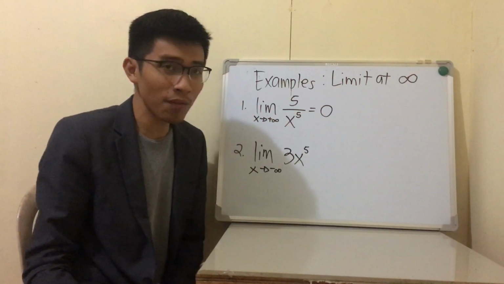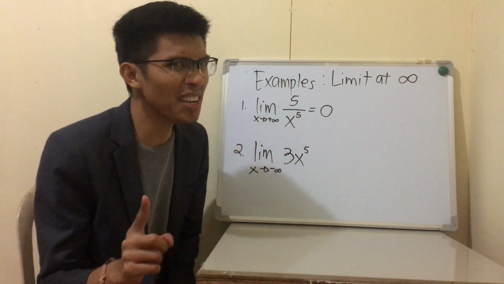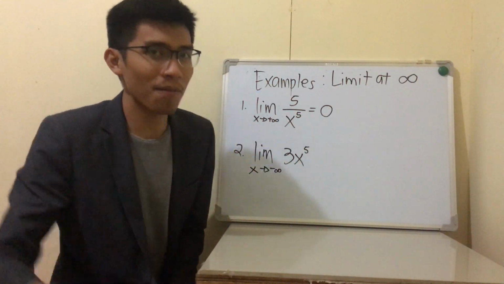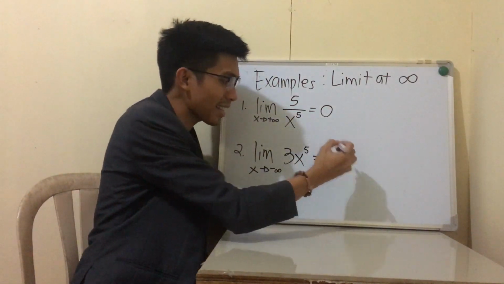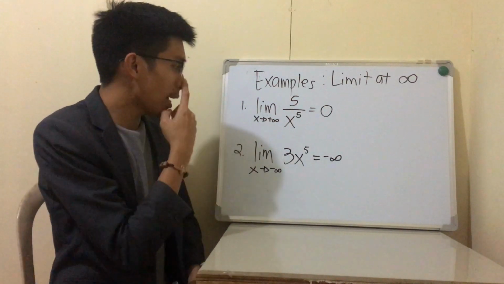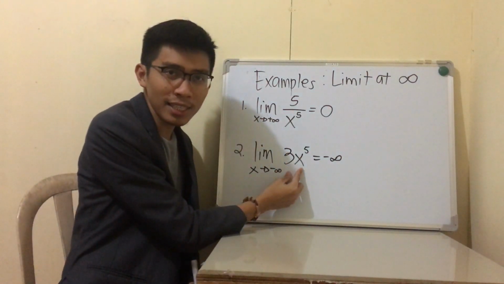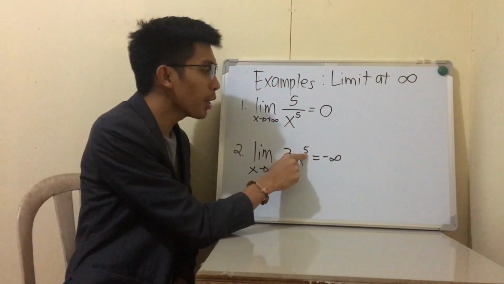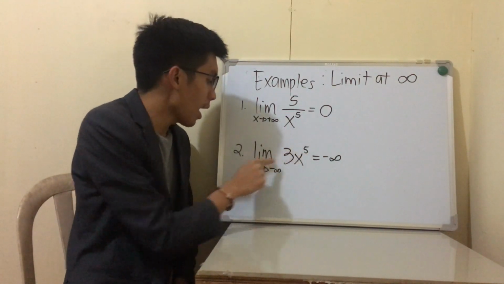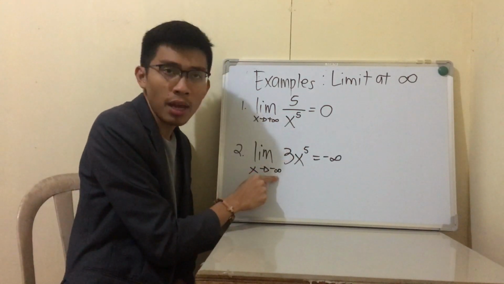Okay, what is the limit of this function? I can't hear you. What is the limit of this function? Very good. The limit of this function is negative infinity. Why? As you can observe, our function is a plain one-term function, and your exponent here is 5, and x approaches negative infinity.